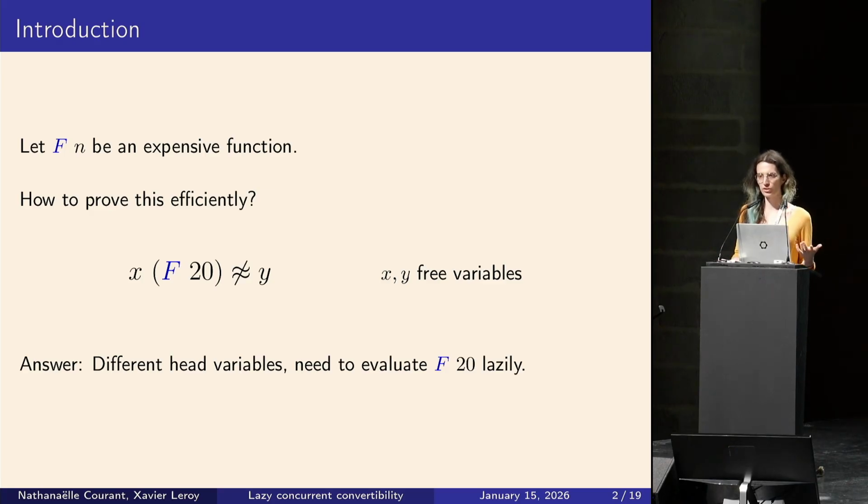Let us consider another problem where we have two different free variables on both sides, and we have x of f of 20 on one side and y on another side. These two terms are not convertible, and again, we need to evaluate f of 20 lazily if we want to prove that efficiently.